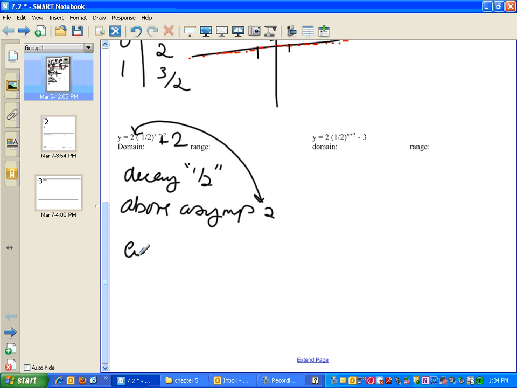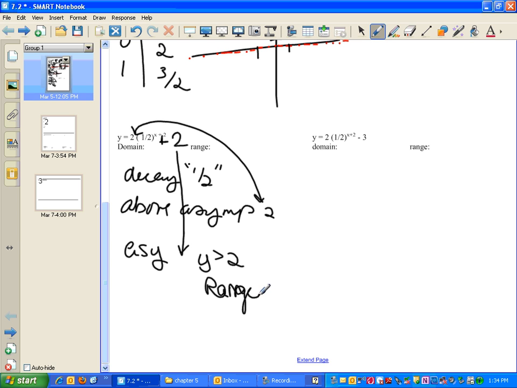And we know our asymptote is what? Y is greater than 2 is my range, but my asymptote occurs at what value? Y equals 2, right? And your range is greater than that value or less than that value, Rachel.